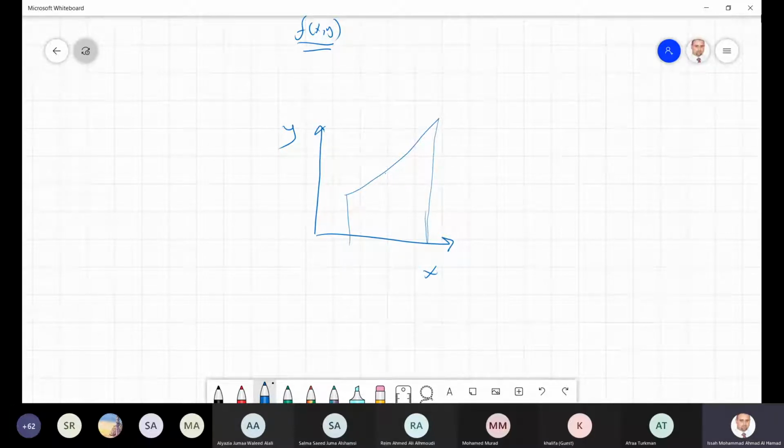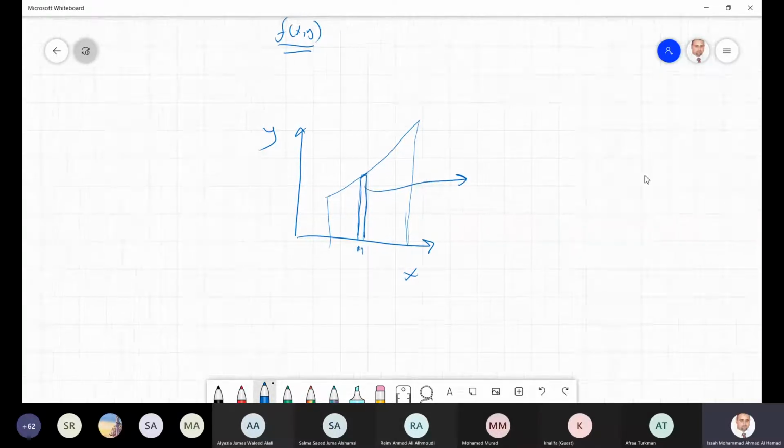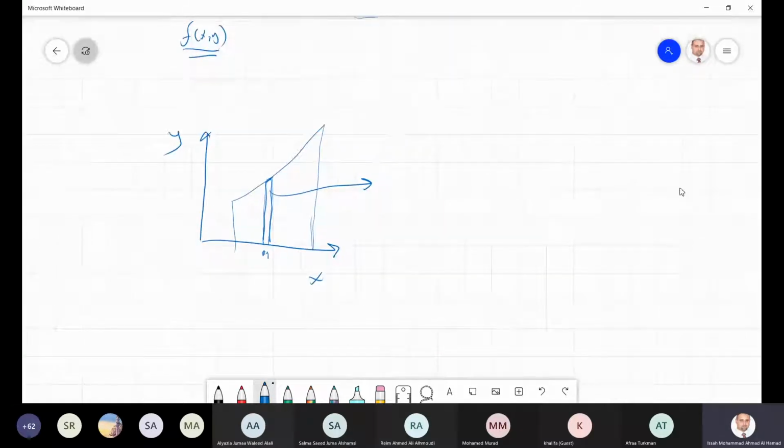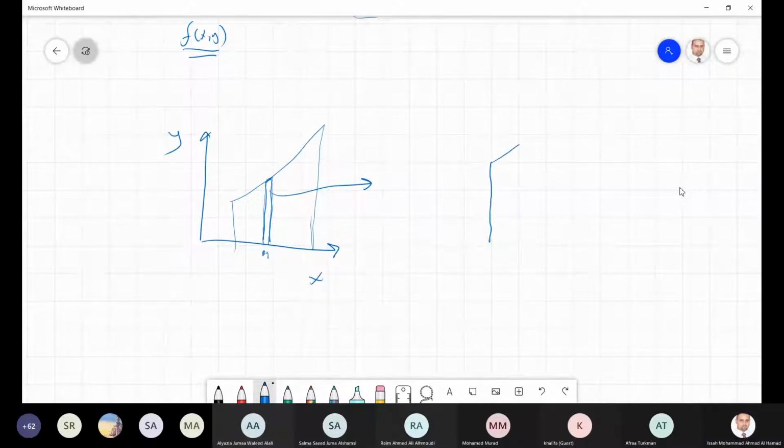So usually, and you know this before, we take very small areas called dx dy. So this will be dx. Okay. Let me take this area here and magnify it or zoom a little bit. So it will be something like this. Correct?